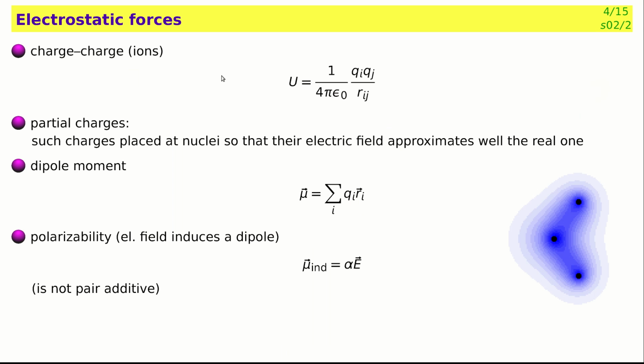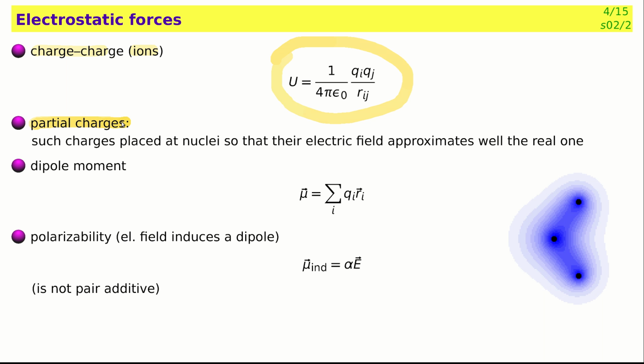In addition to these repulsive and attractive forces, we have electrostatic forces. For example, charge, which appear if we have an ionic system, let us say molten salt and so on, but also if we model complex molecules, we put partial charges to individual atoms and treat them by the same formula that I am sure you know from physics. It is not quite easy to assign partial charges to individual atoms.